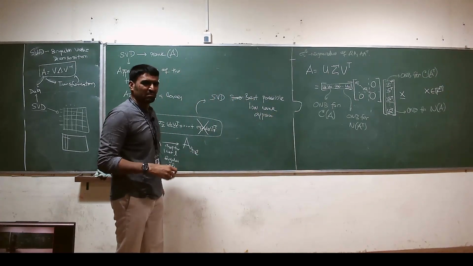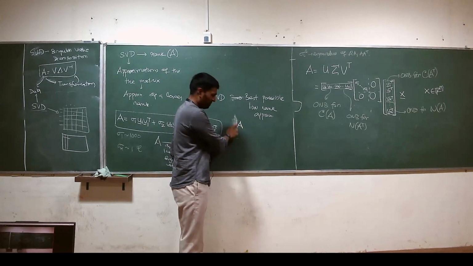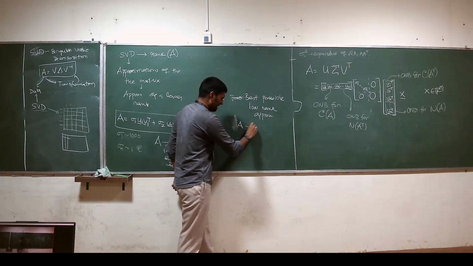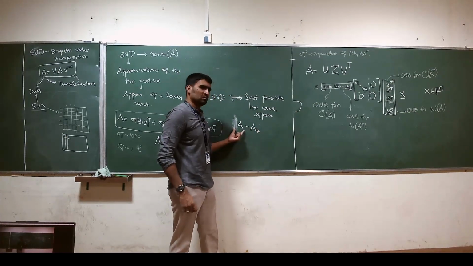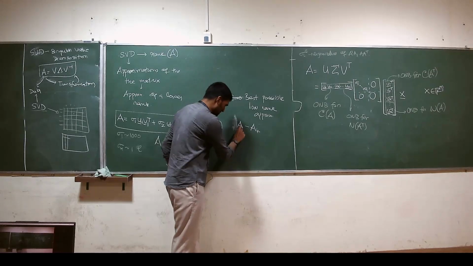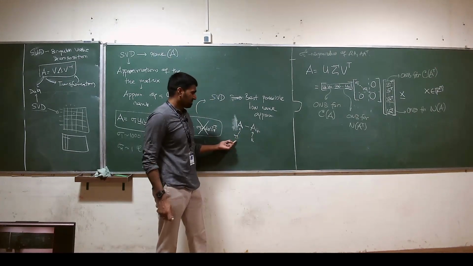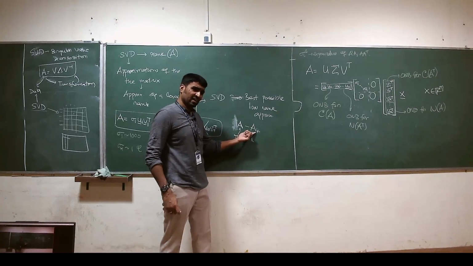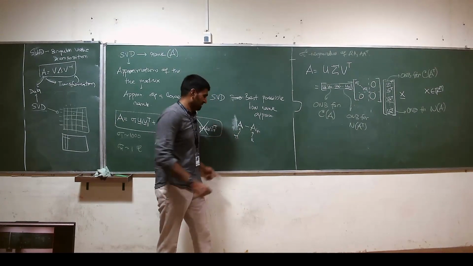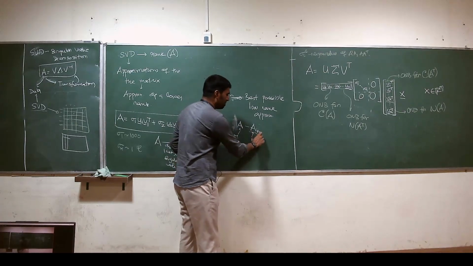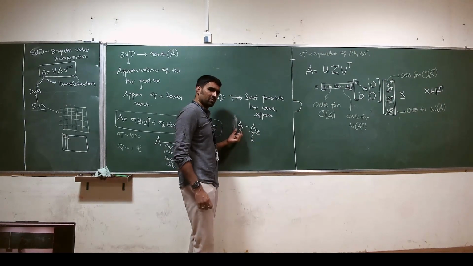What we mean by that is, let's say I take the full matrix A and I find a rank K approximation of A. A was of rank R, this is of rank K, where K is less than R. I ask, what is the best possible rank K approximation of my matrix A?